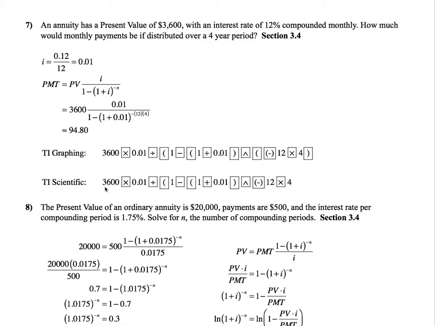Now the scientific calculator, and again I'm using the TI-30XS. If you have a slightly different model, then there may be some minor differences to some of these keystrokes. But everything is the same all the way up until the time we get to the exponent.